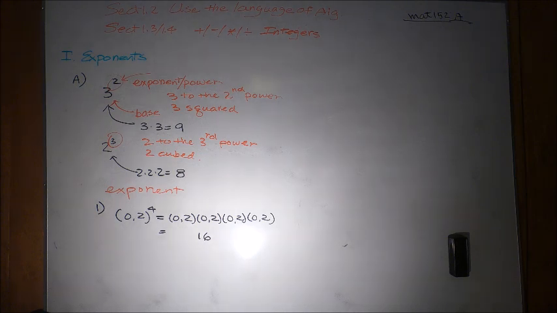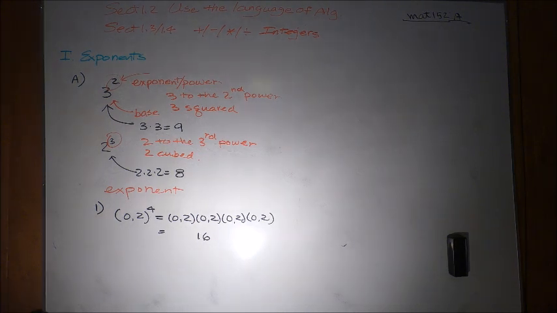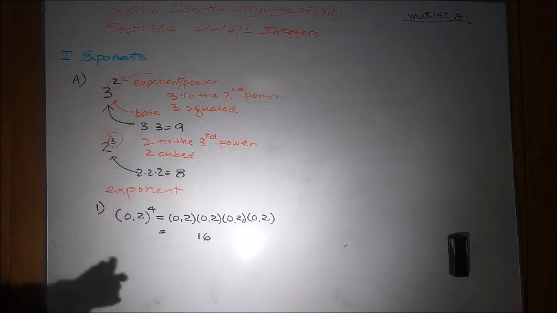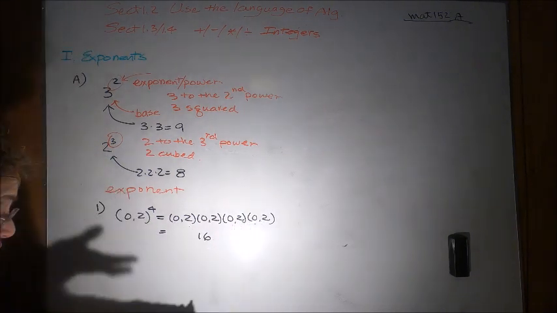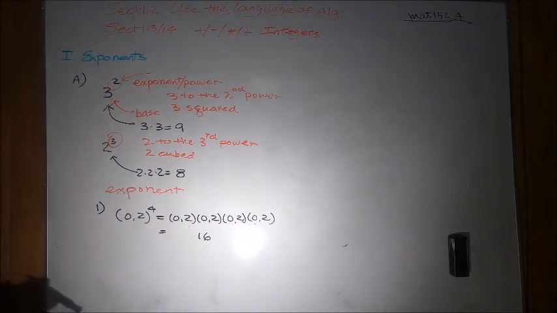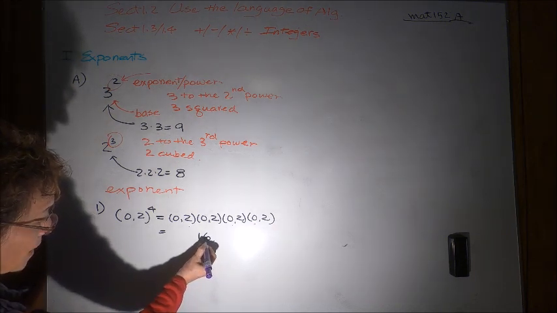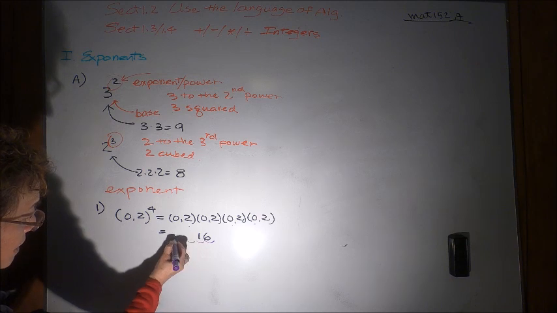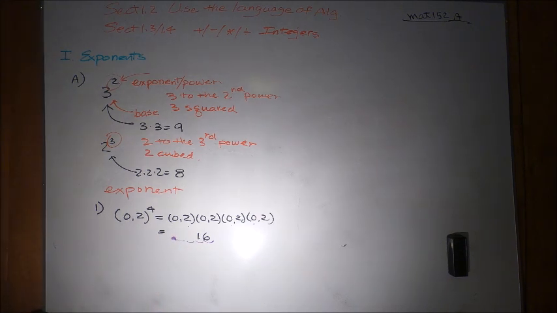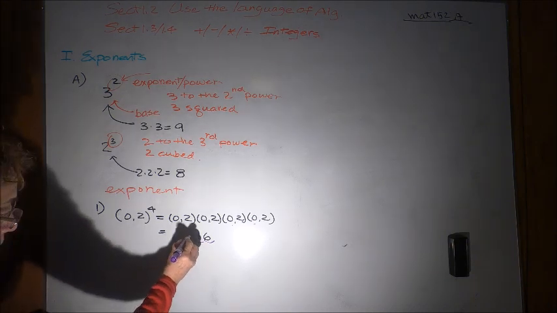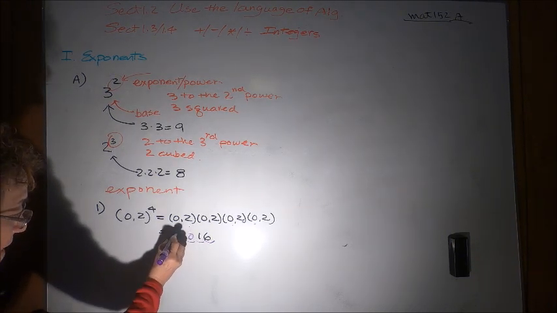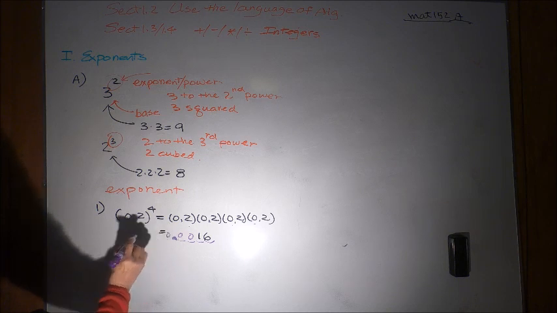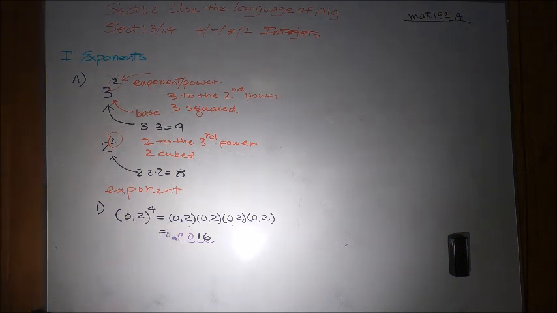However, how many decimal places do you need? You have 1 here, 1, 1, 1, total 4. So you need to have 4 decimal places. You count from the right-hand side: 1, 2, 3, 4. So that's your new decimal point, 4 places. So what happens to the empty space? You put a 0 there. Remember your decimals?